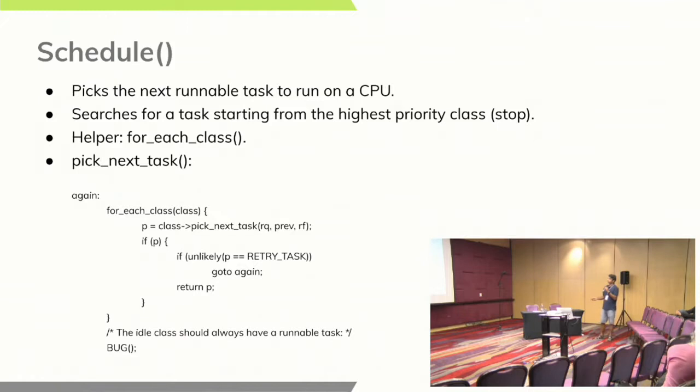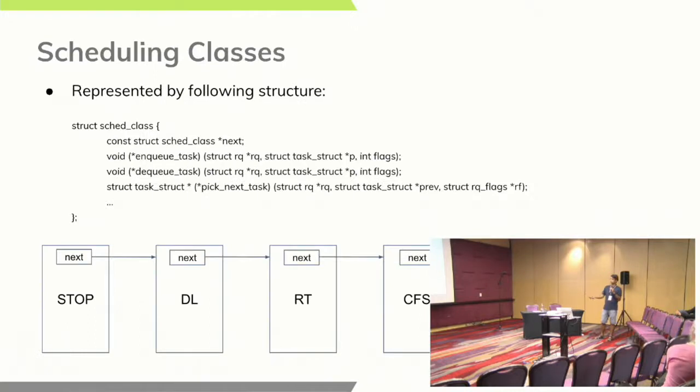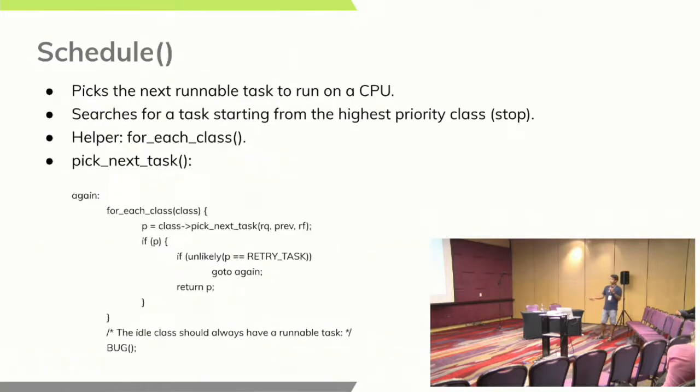What it does is it runs through all the scheduling classes based on priority, based on the linked list we have seen here. So it starts from stop. For each class, it calls pick_next_task. If this routine returns RETRY_TASK, it means that it is possible that a task has been added to a higher priority scheduling class and we should start again. So if the return is RETRY_TASK, we start everything again from the stop scheduling class.